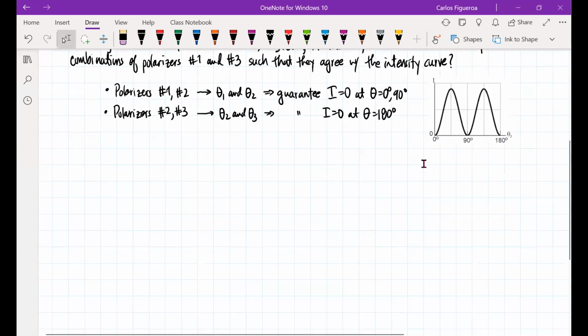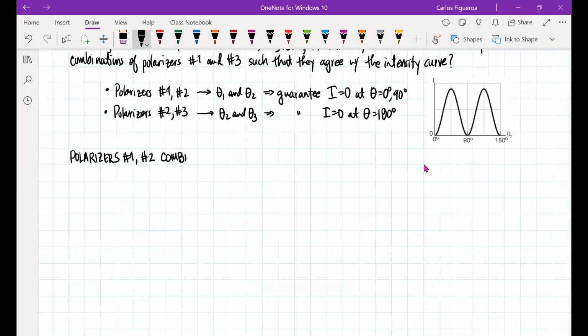Let's start with polarizers 1 and 2 combinations. What are the possible combinations that give intensity equal to 0 at theta 2 equal to 0 and theta 2 equal to 90?